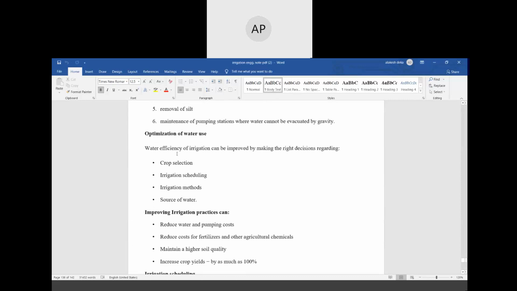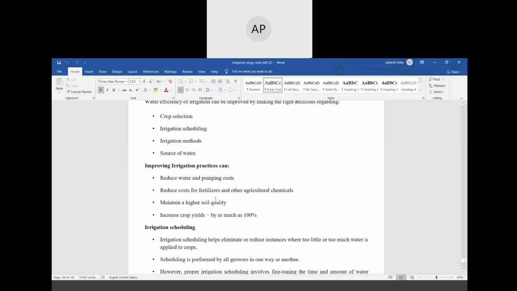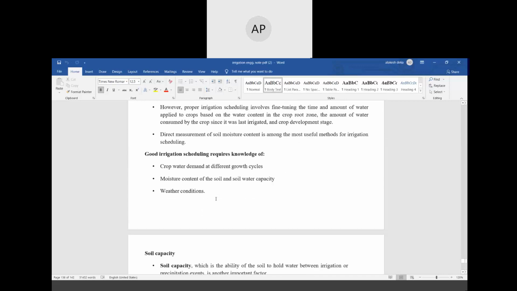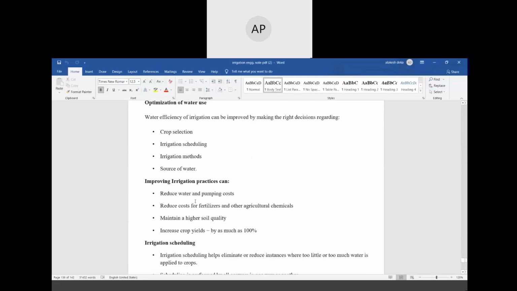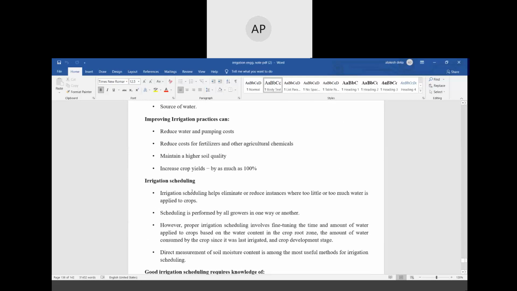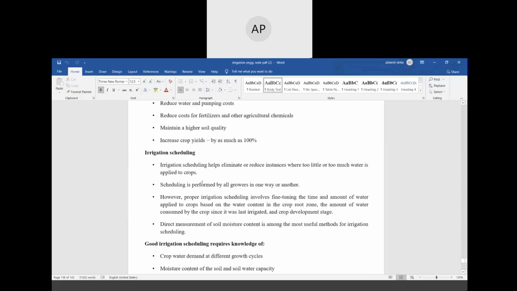Optimization of water. How can we improve the water efficiency? Water efficiency of irrigation can be improved by crop selection, irrigation scheduling, irrigation methods, and source of water. Improving irrigation practice can reduce water and pumping costs, reduce cost of fertilizers and other agricultural chemicals, maintain higher soil quality, and increase crop yield.